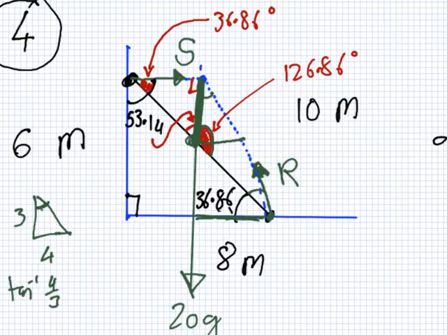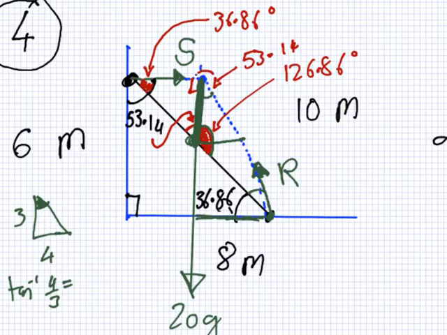If we know that's 53.14, can we know this angle? 180 minus 53.14. Very good. So I know this big angle in here is 126.86 degrees. Great. Now we're getting close.